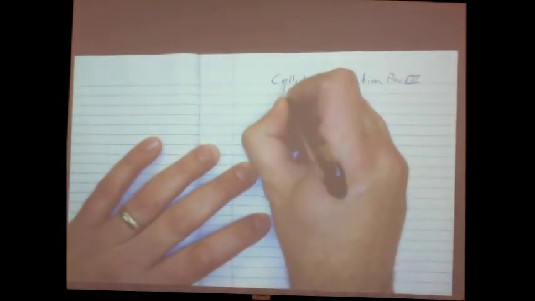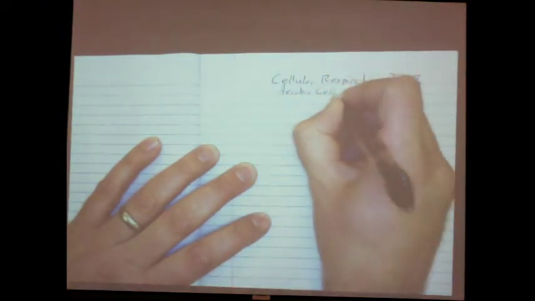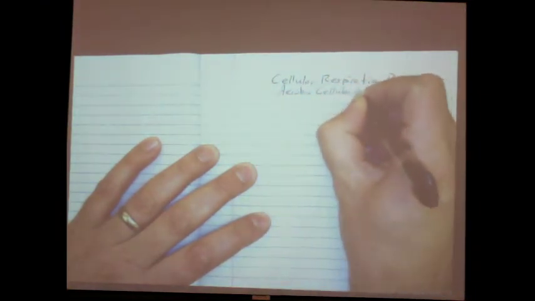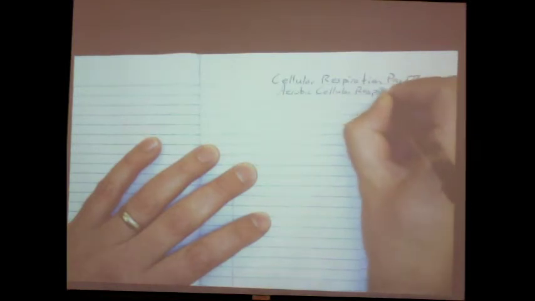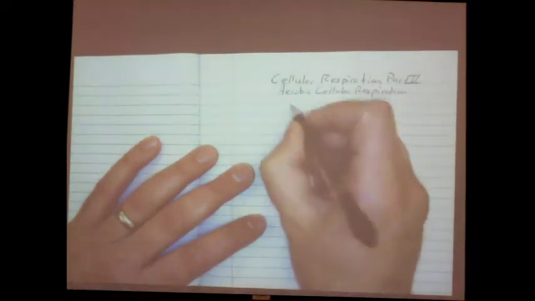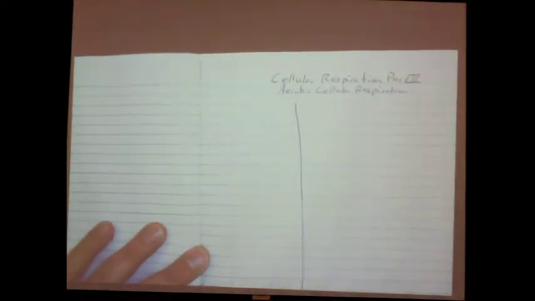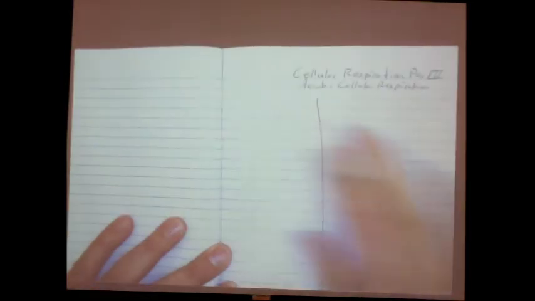Underneath that, we have Aerobic Cellular Respiration. And once we have aerobic cellular respiration down, we can draw our line separating our page into this left side and this right side.